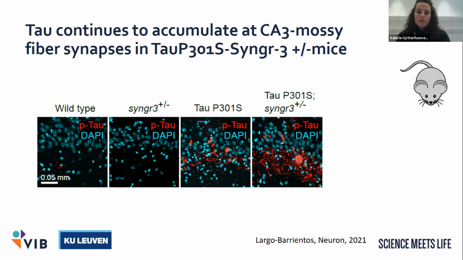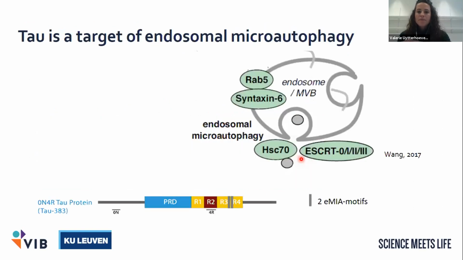That's why I'm also looking into mechanisms and pathways to reduce Tau at the presynapse. I'm specifically looking into the pathway of endosomal microautophagy, because we know Tau is a target for endosomal microautophagy.